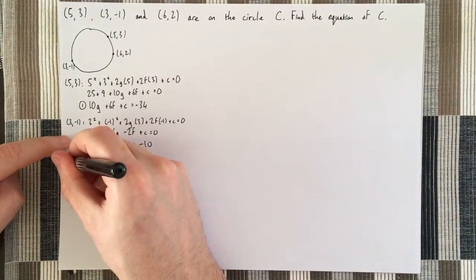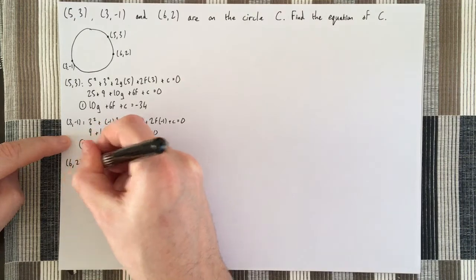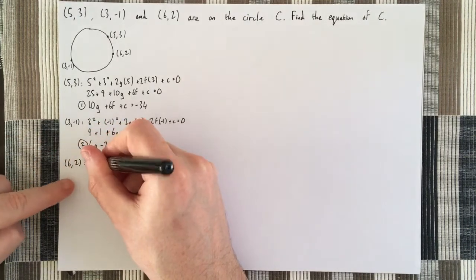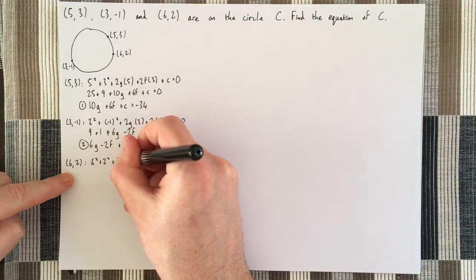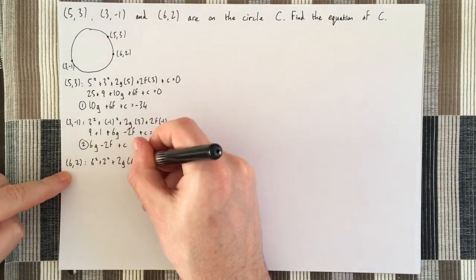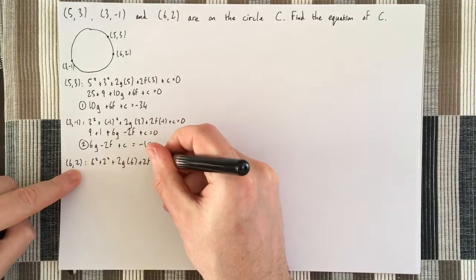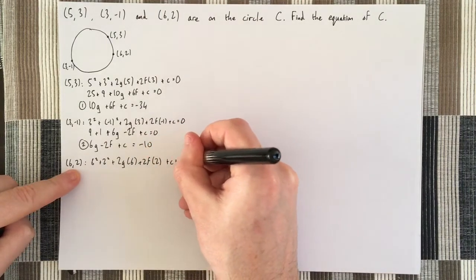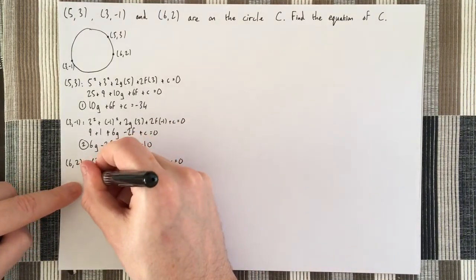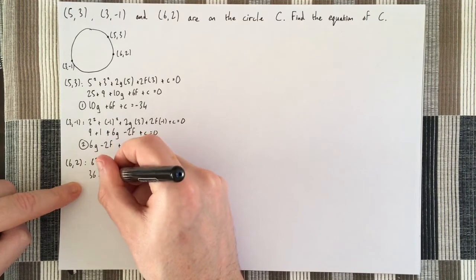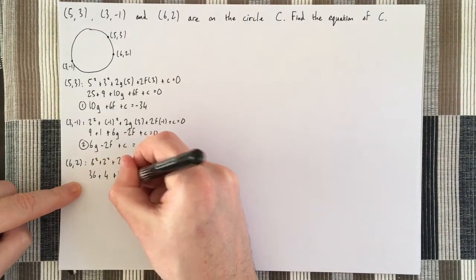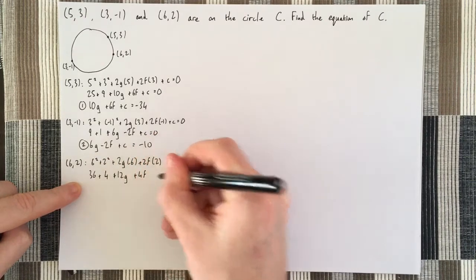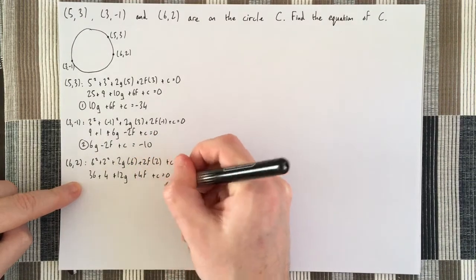Equation 3 then is just subbing this in. So (6, 2). So it's x squared plus y squared, so 6 squared plus 2 squared plus 2gx, so plus 2g times 6, plus 2fy, plus 2f times 2, plus c equals 0. So 6 squared is 36 plus 2 squared is 4 plus 12g plus 4f plus c equals 0.